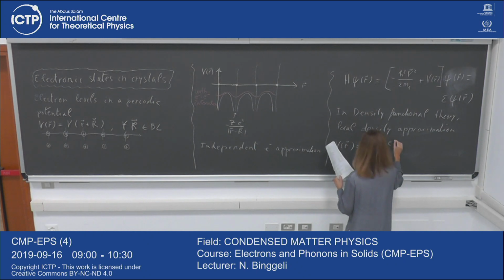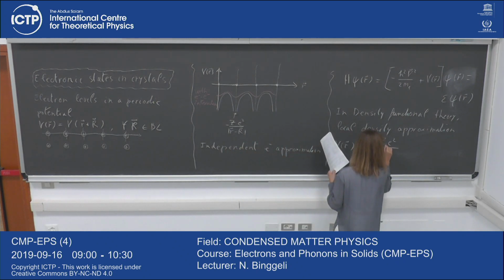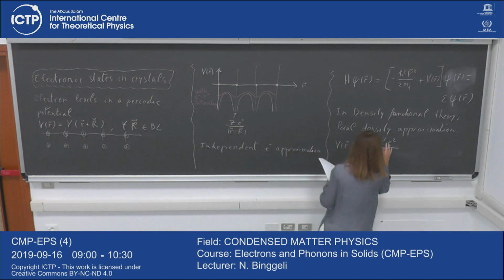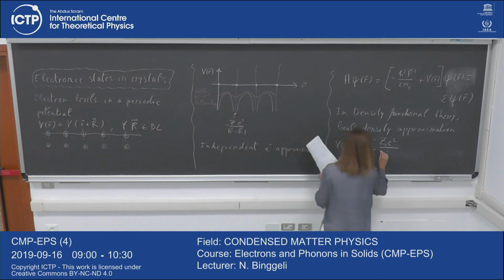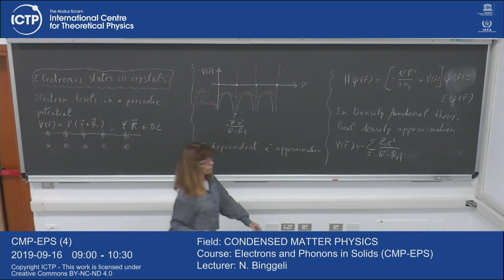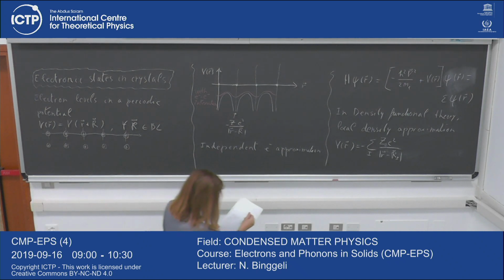So Z, the atomic charge, Zi e squared, well, I have a monoatomic crystal, so in this case it's just Z, over R minus R i. So this is the Coulomb potential generated by the nuclei charge.